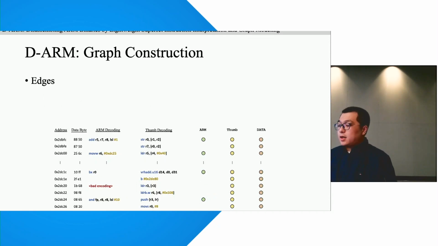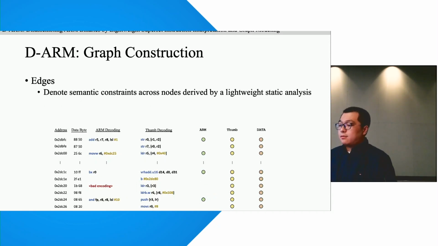Next, we execute a lightweight static analysis to collect the semantic information, which are denoted as edges. We introduce 2 types of edges denoting 2 types of semantic constraints. First is a conflict edge. A conflict edge is introduced from a node to another node if both cannot be true at the same time. The conflict edges are denoted as dashed undirected edges.